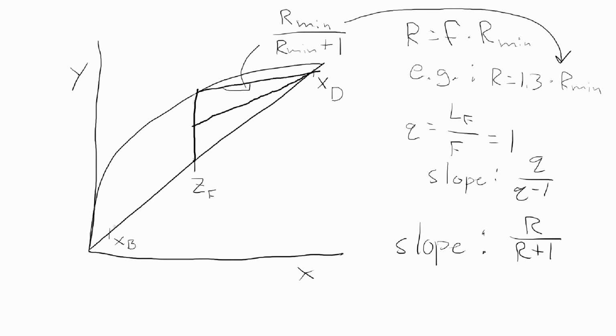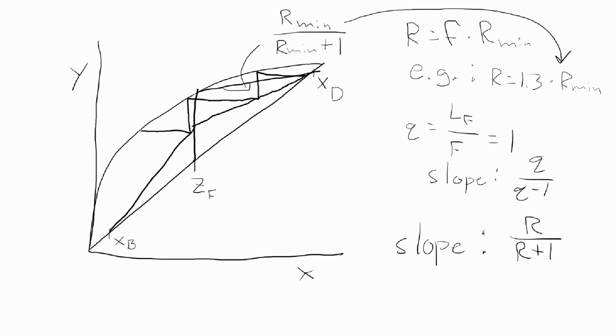Now we can draw on the stripping section operating line from XB to the intersection between the Q line and the rectifying section operating line. So that'll look something like this. Now we start at the top of the column and step down to the bottom of the column. Stage 1. Stage 2, we cross the Q line, which means that stage 2 is the feed stage.